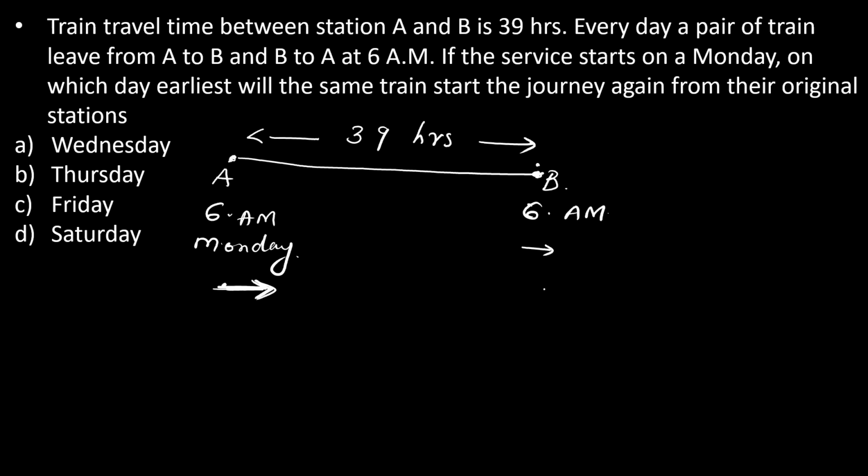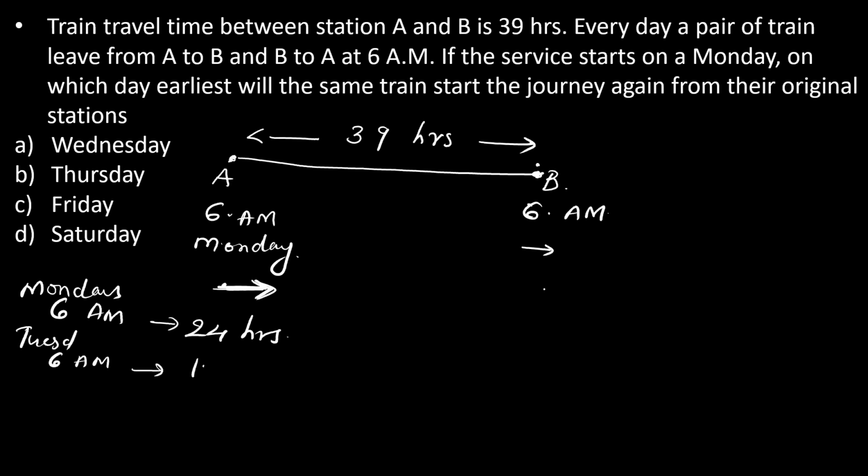Now when will it reach B? We'll see that 6 a.m. on Monday it started. Then after 24 hours becomes Tuesday morning 6 a.m. Okay. Now after 12 hours it becomes Tuesday evening 6 p.m. Now how many hours has it traveled?